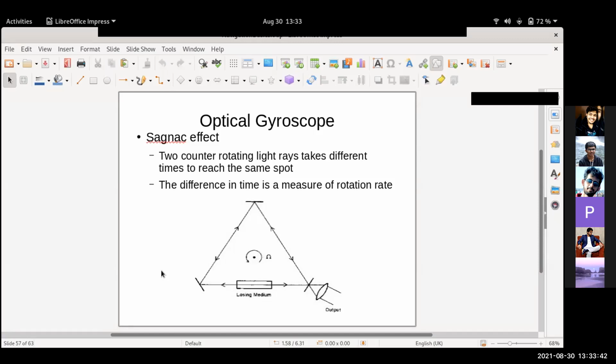You started the light at T1. Along the direction of the rotation, by the time it reaches, your output location would have moved, so it will take longer. For the other path, you are receiving the light at an earlier point of time.